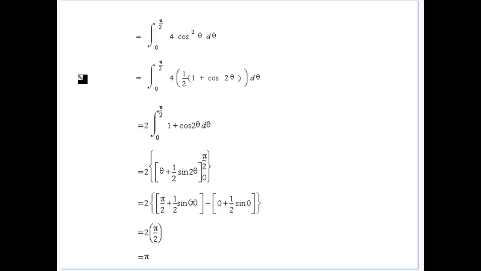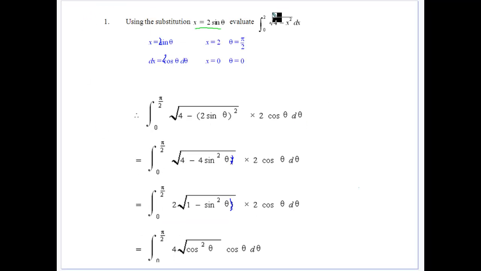Now, hopefully you've looked at that and gone, well, does that function look familiar? Because if we graphed it up, and this is probably the way I would look at doing this question rather than a substitution, we're looking at from 0 to 2, and that'd be minus 2.